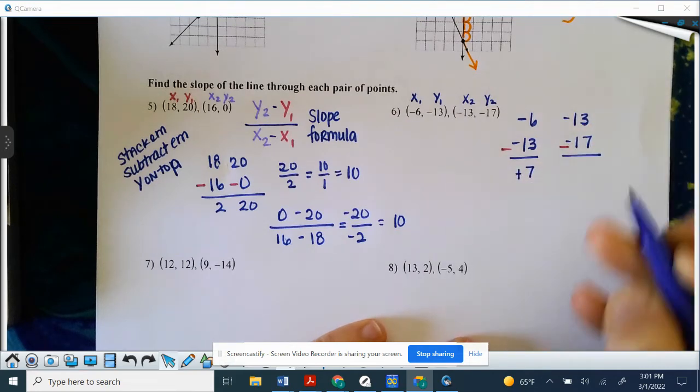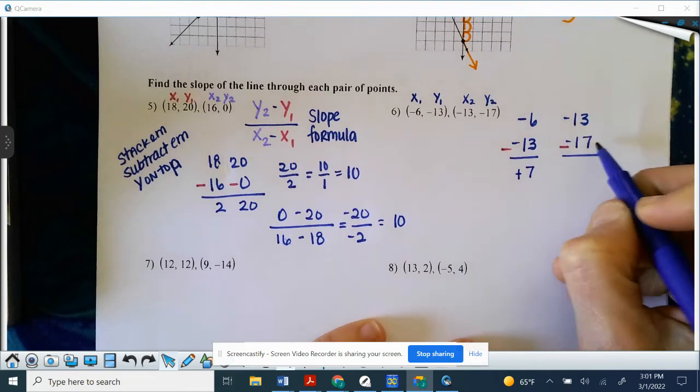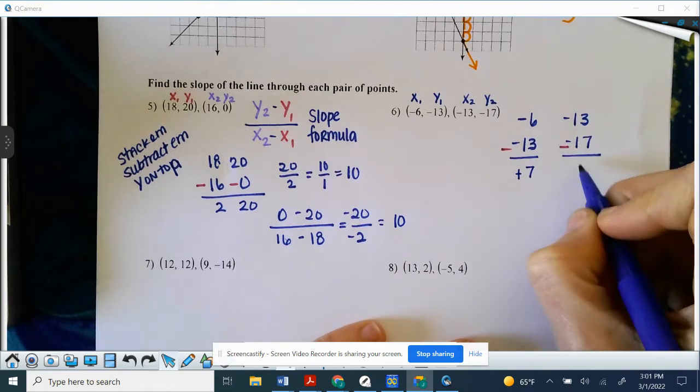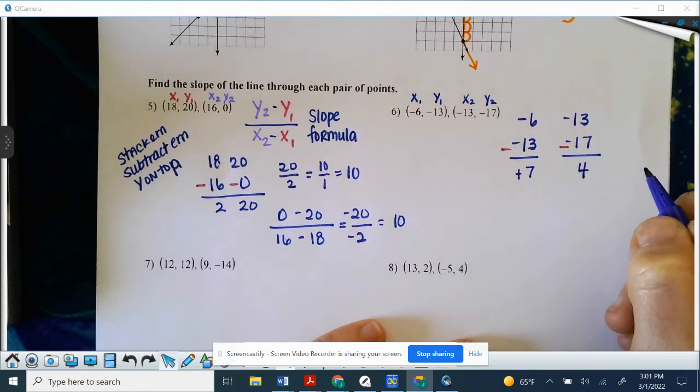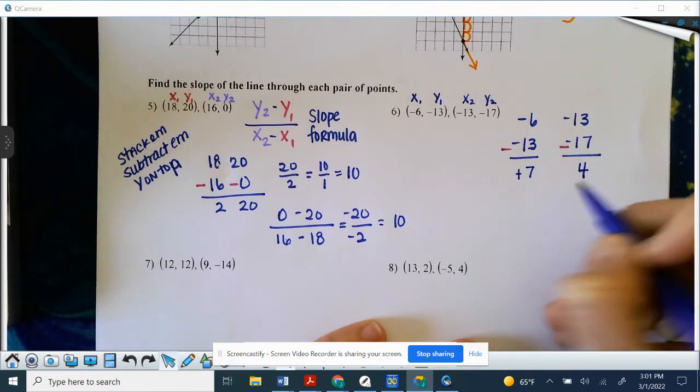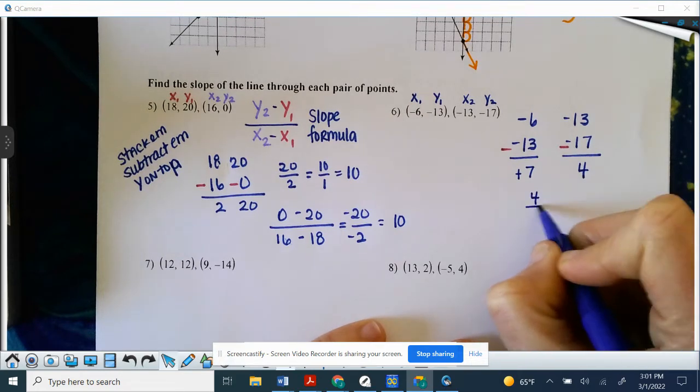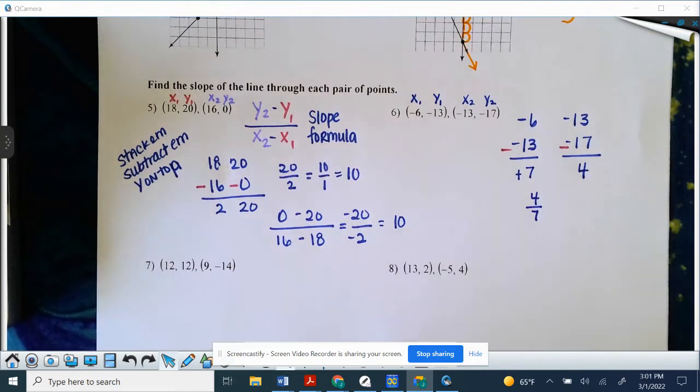And then negative 13 plus 17 is going to be a positive 4. Yep. Y is on top, x is on bottom. 4 over 7 cannot be reduced. So that is your slope, and you are done with 4 over 7 as the slope. We got 10 for that one.